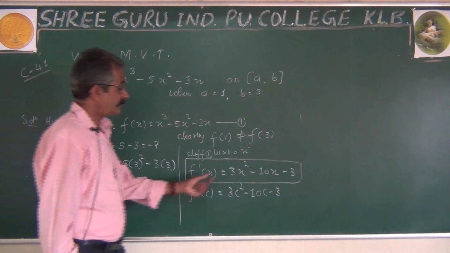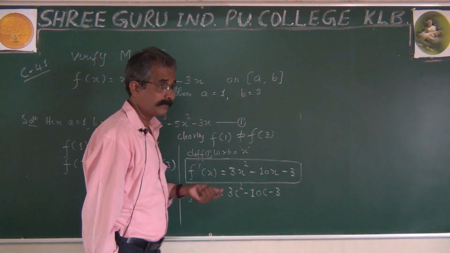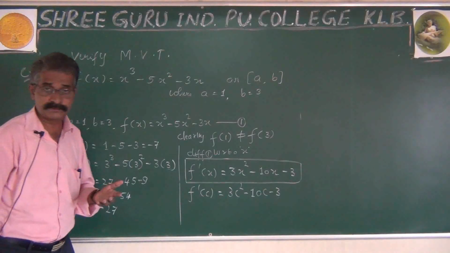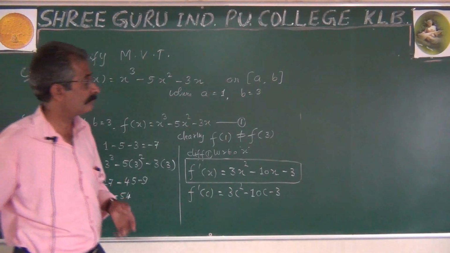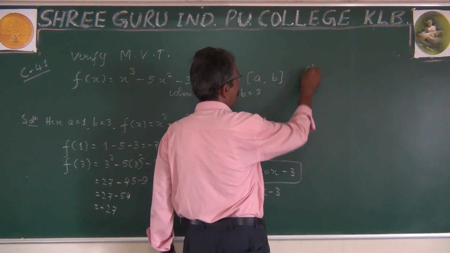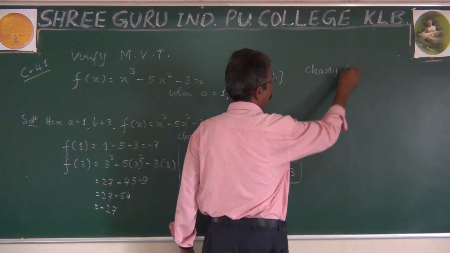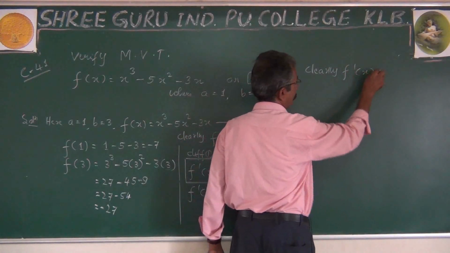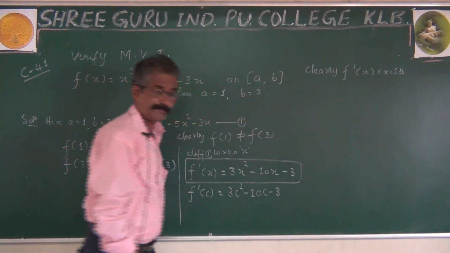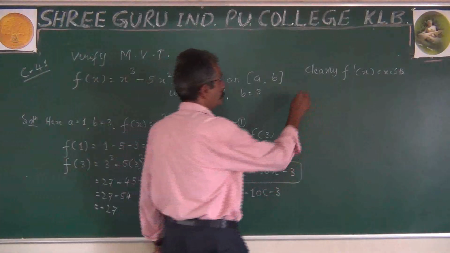Because f dash of x does not contain any x in the denominator, no question of 0 by 0 form, means very clearly f dash x exists. Clearly f dash x exists.